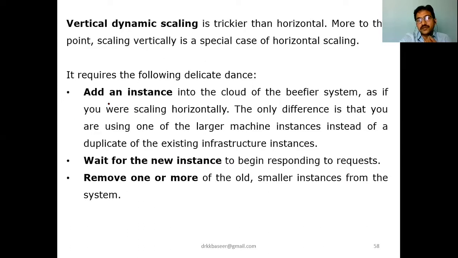In this dynamic scaling, we have to make sure that we add instances and move from one scaling to another based on our requirement, or wait for the new instances to begin responding to requests, or just remove one or more older or smaller instances from the system.